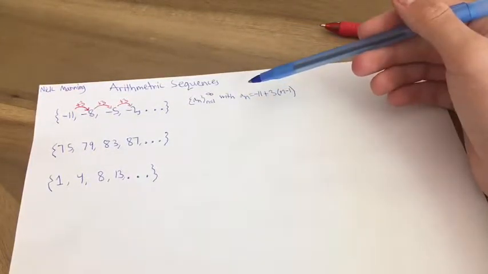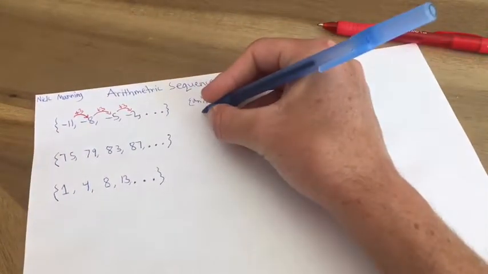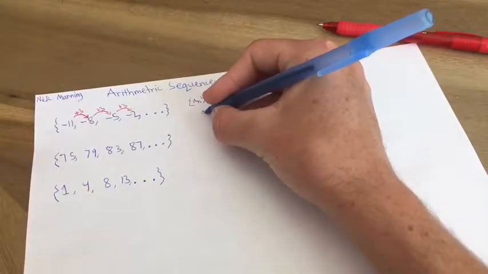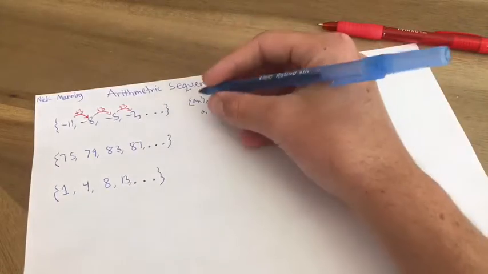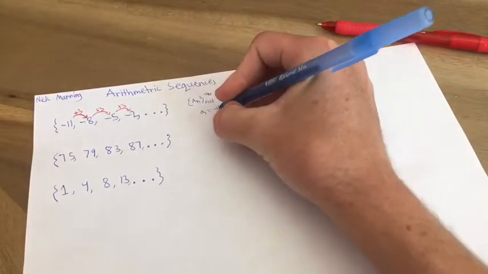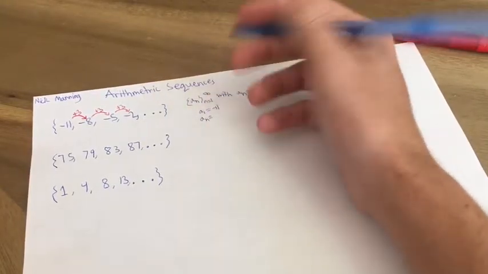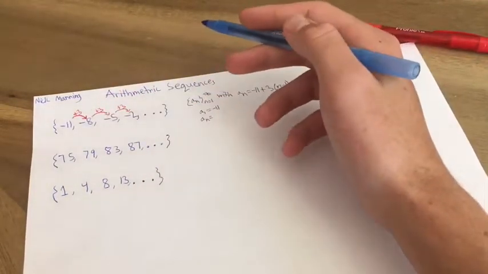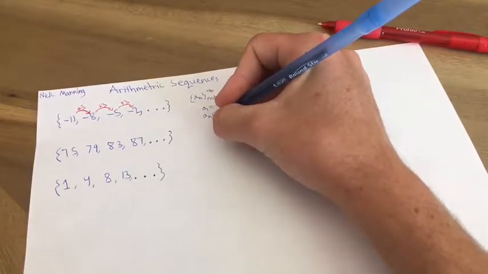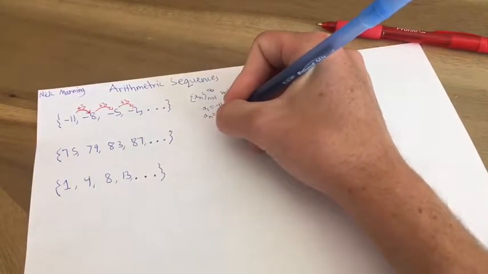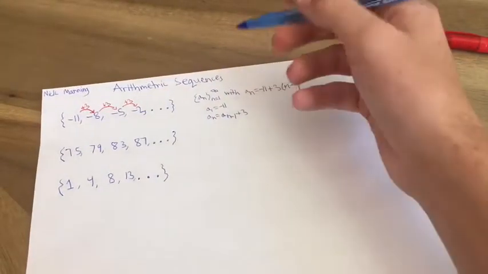Now, if we wanted to write it recursively, we'll have our first term, a1, which is our first term, equals negative 11. And then a sub n, which is our next number, will equal a sub n minus 1 plus 3.